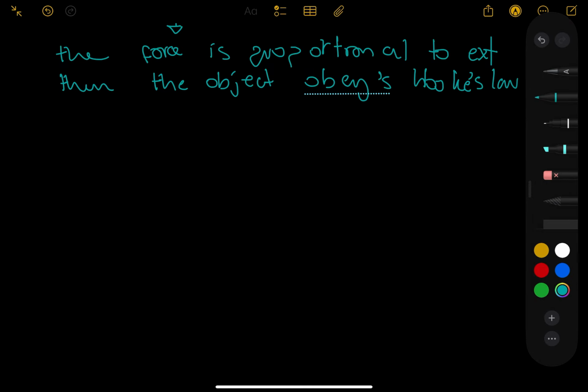Hooke's law was pretty much a law created by Robert Hooke. He was, I believe, a 7th century scientist.